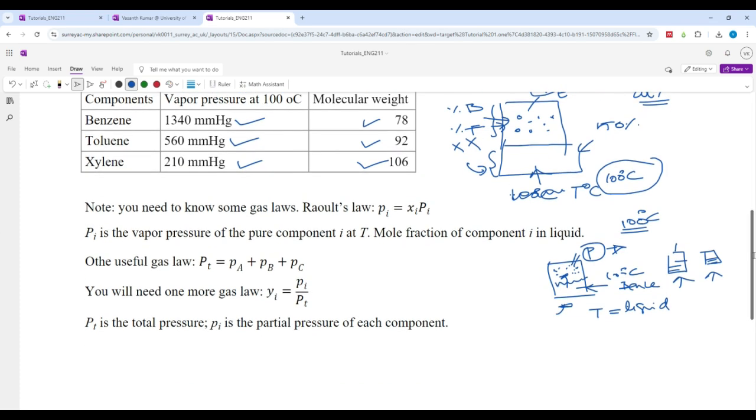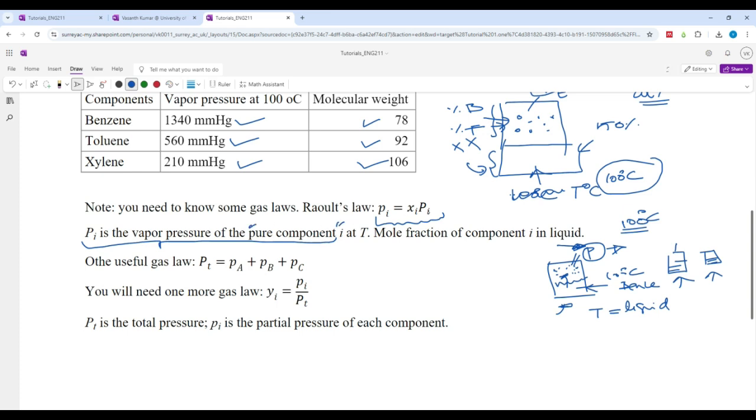And then I also have some gas laws written here. This is called Raoult's law, which tells something about the vapor pressure of the pure system. I added the notation here. So p_i is the vapor pressure of the pure component. Take note, this is for the pure system.